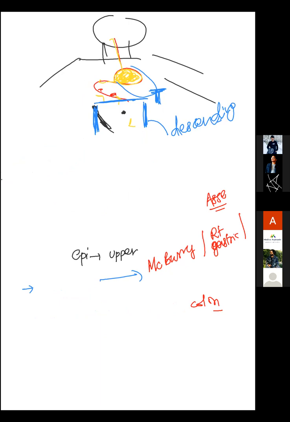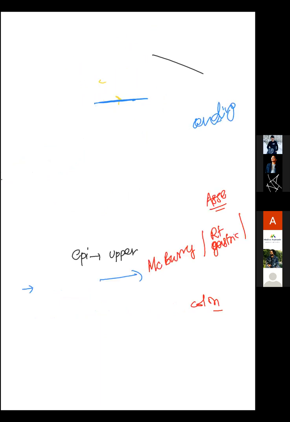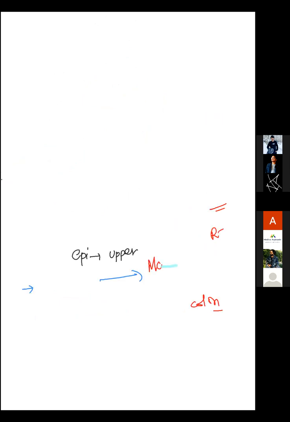Okay, so the next one from the anatomy department, which is supposed to be asked, or which this time was added, is actually one of the most tricky things asked in the question, that is from sternocleidomastoid muscle or jugular vein.